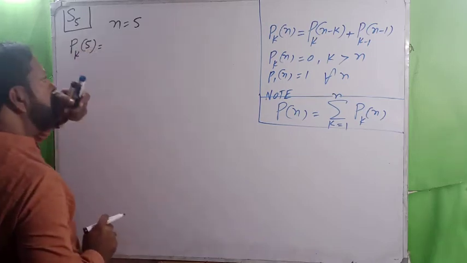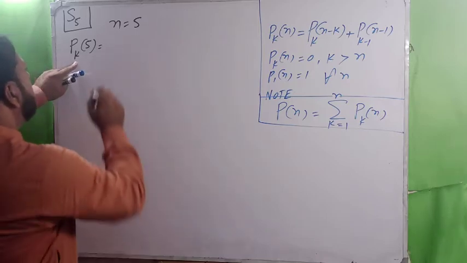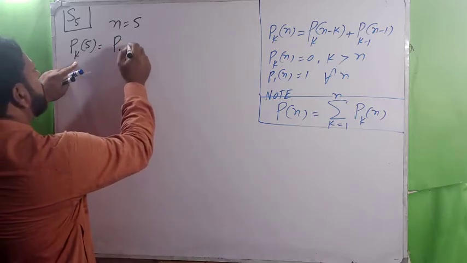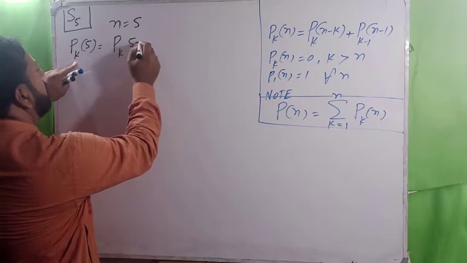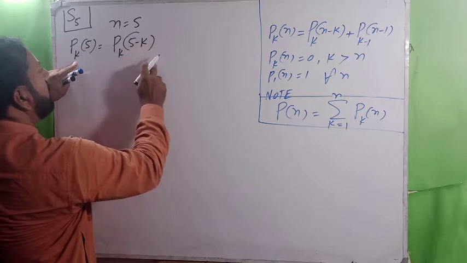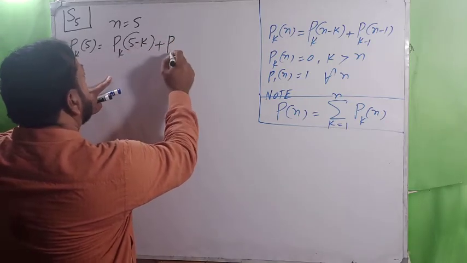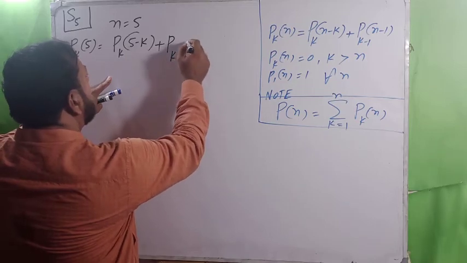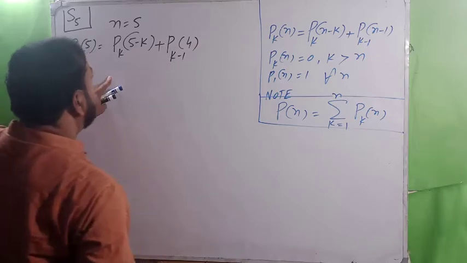This is equal to Pk(5 minus k) plus P(k minus 1)4, right?